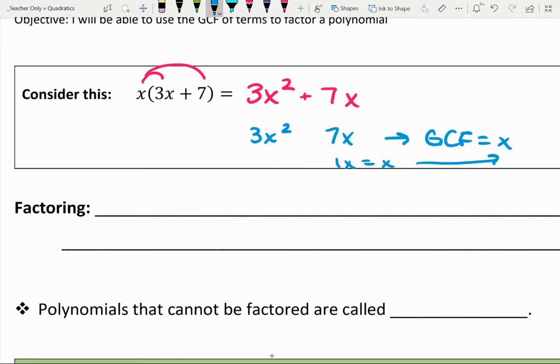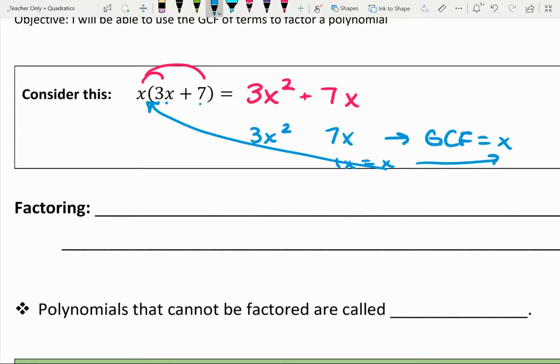And if we think about where that might have come from, and we look at what we're left with, if our greatest common factor, x, is out in front of this polynomial, then the 3x and the 7 are the pieces that are left behind.